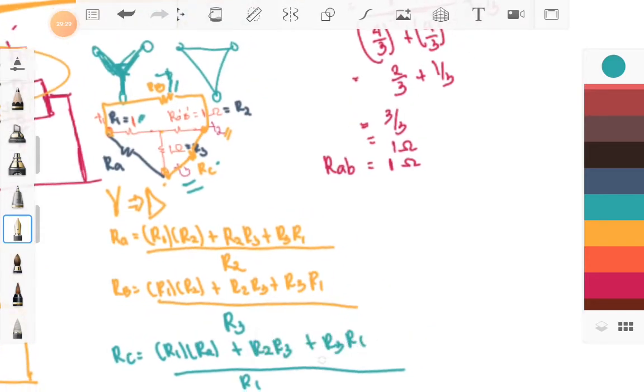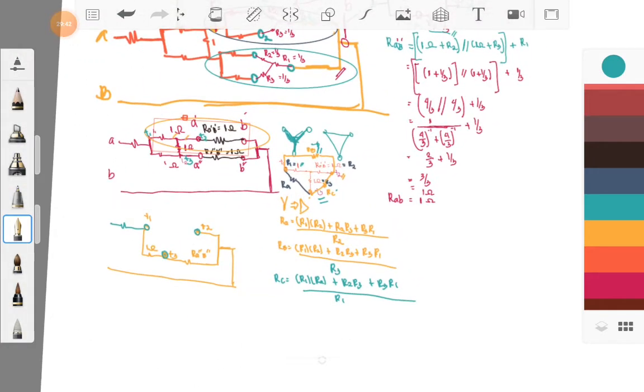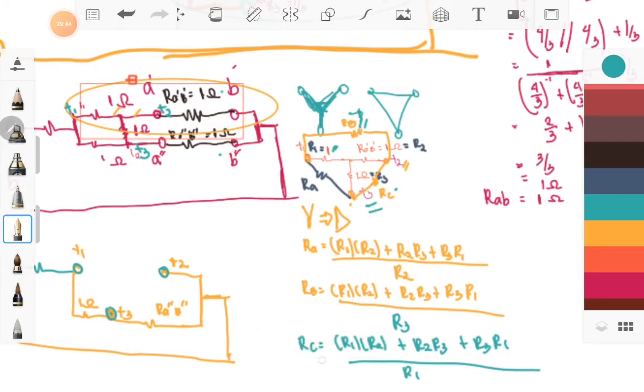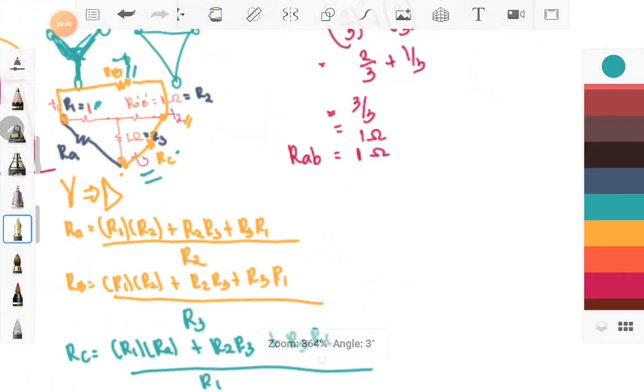So therefore, what is the value of our R1? 1 ohm. Our R2 is also 1 ohm, and R3 is also 1 ohm, right? So each is 1 ohm. Since R1, R2, R3 are equal, it equals 1 times 1 plus 1 times 1 plus 1 times 1 all over 1.